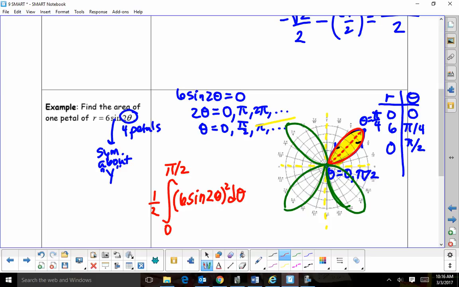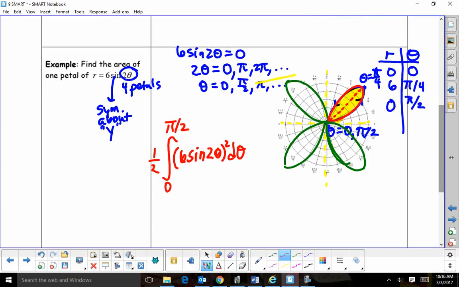That is typically something I won't do. I will probably say I'm going to start at 0, stop at pi over 4, find this area, and multiply it by 2, just to get rid of that 1/2.